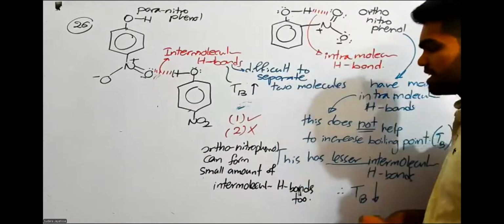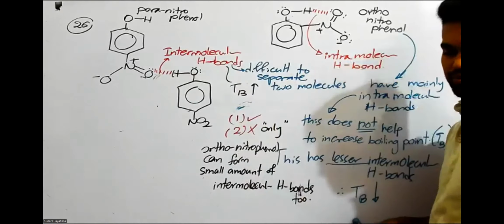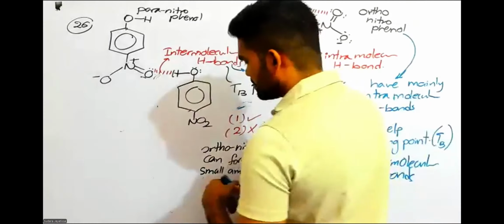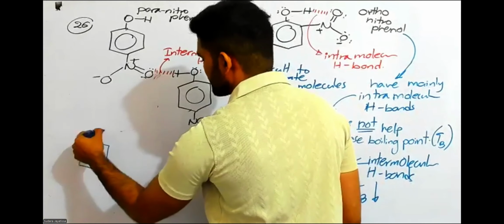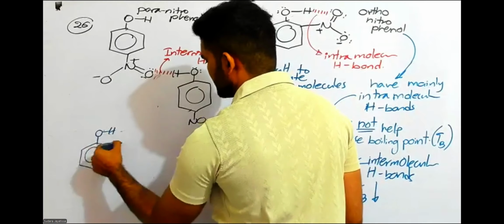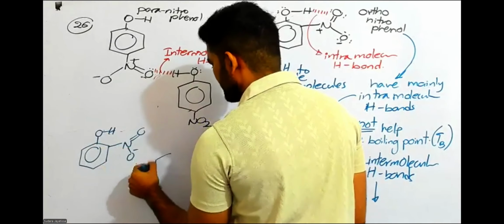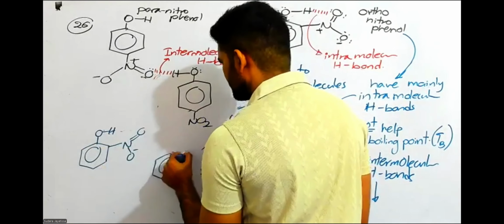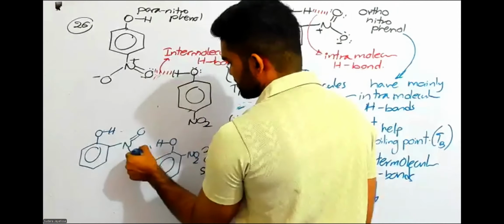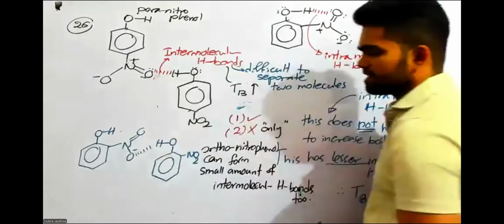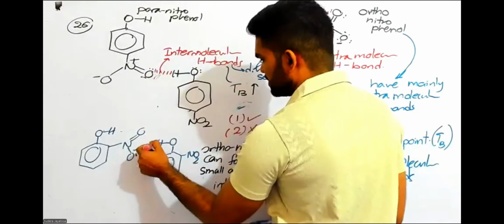It says only, and that word only is wrong. You can draw and see how it makes an intermolecular H bond. Now this is your orthonitrophenol, and this is another orthonitrophenol molecule. See, it can make an intermolecular attraction. It can form, okay? No, we can't say it does not.